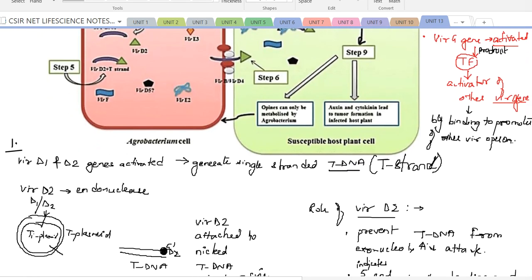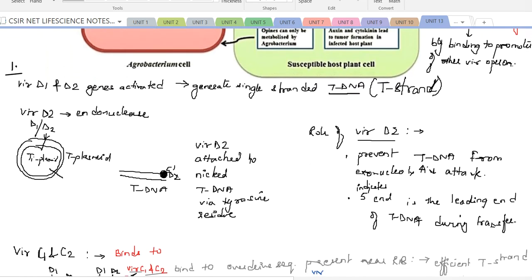It is known as the T strand. This VirD2 is an endonuclease. VirD2 will remain attached to the nicked tDNA via the tyrosine residue, which is known as a phosphotyrosine bond. What is the role of VirD2? Why does it remain bound to the T strand?